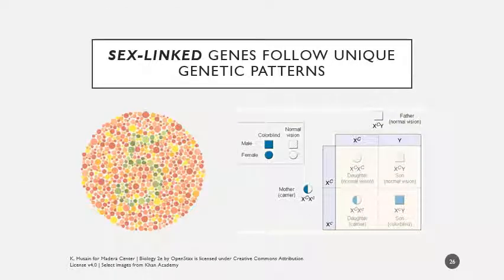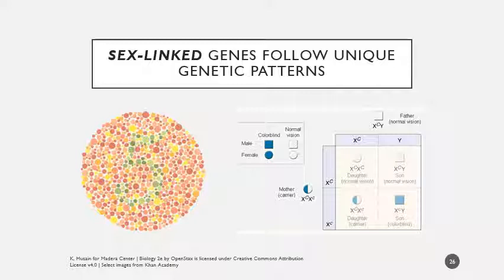So if a gene is located on a sex chromosome, it's not going to be equally likely to be found in males and females as determined by sex chromosomes. So there's going to be some unique genetic patterns that we start seeing, especially in terms of how 2 copies of a gene, 2 different alleles, interact with one another.